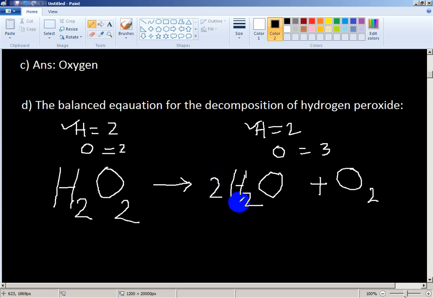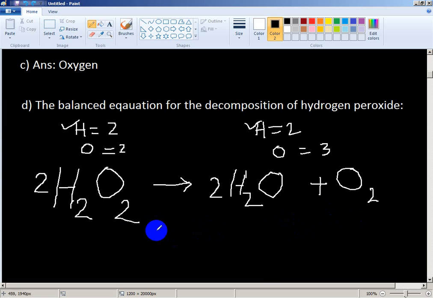So what can I do? If I put 2 here, hydrogen will be 4, but oxygen now becomes 4. If I put a 2 coefficient, now oxygen becomes 4. Now this is equal.